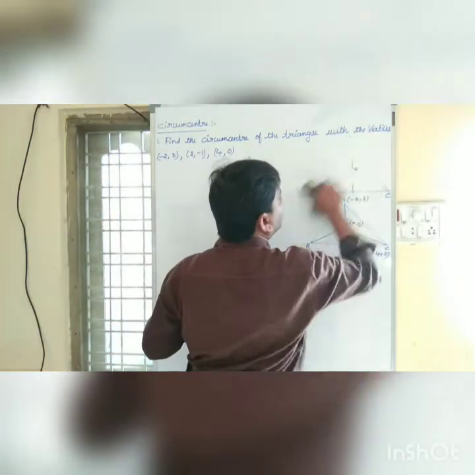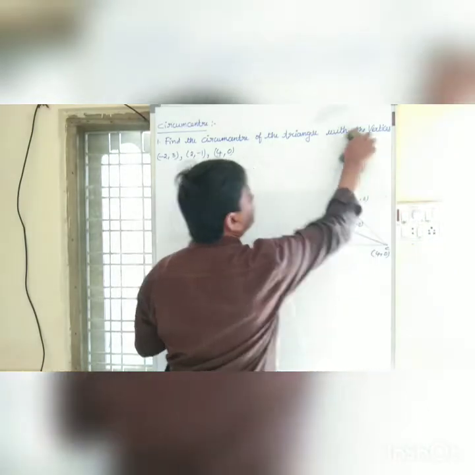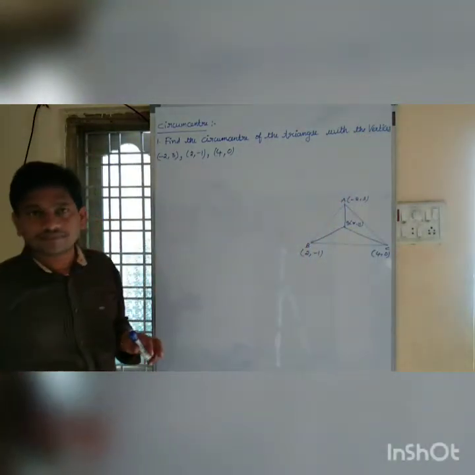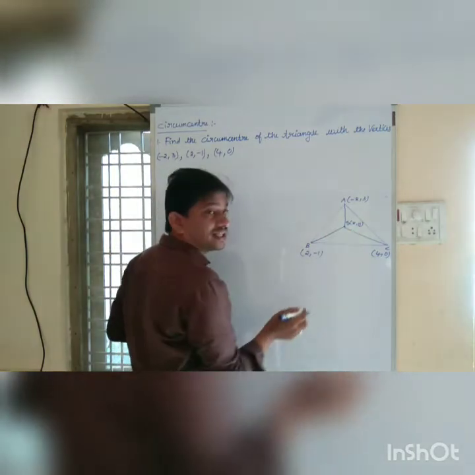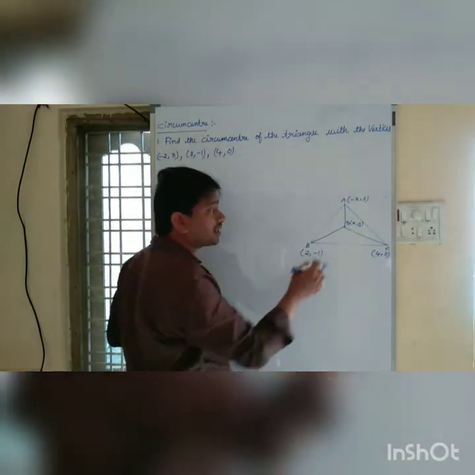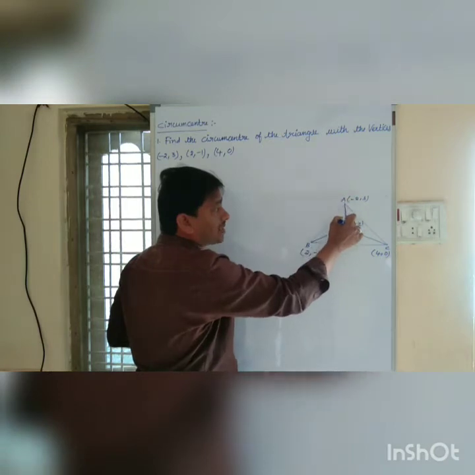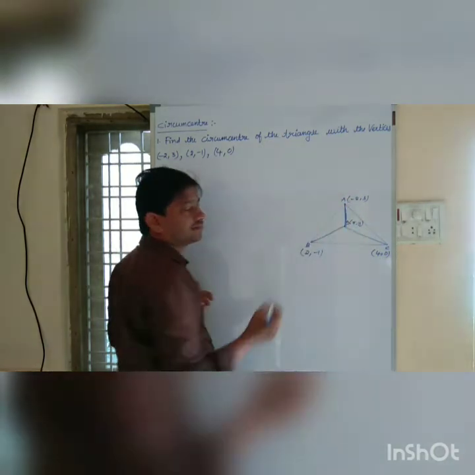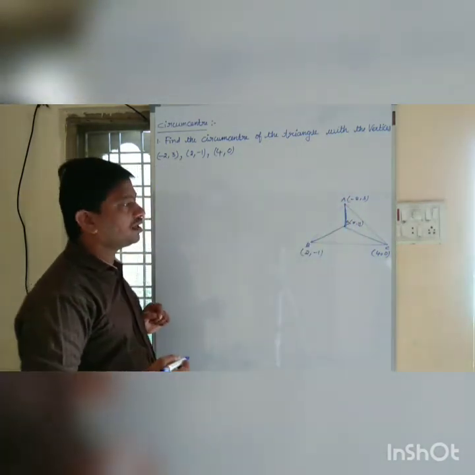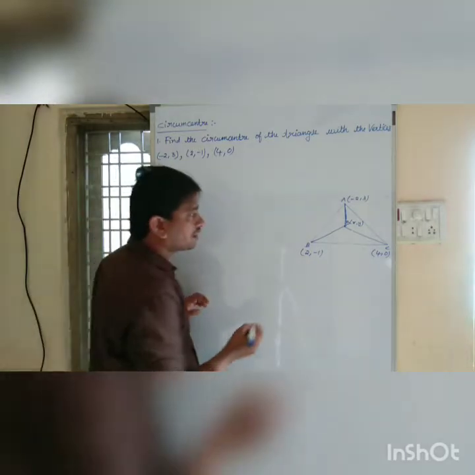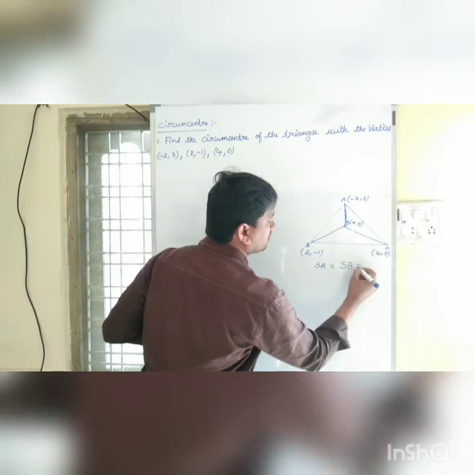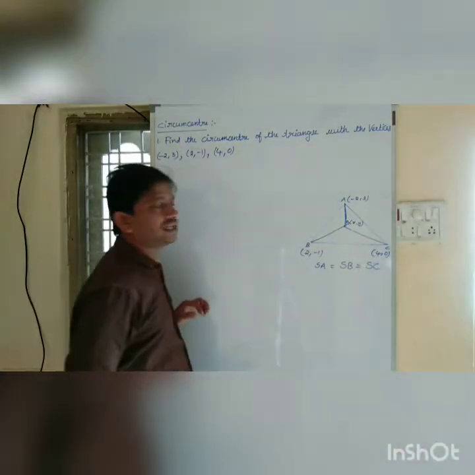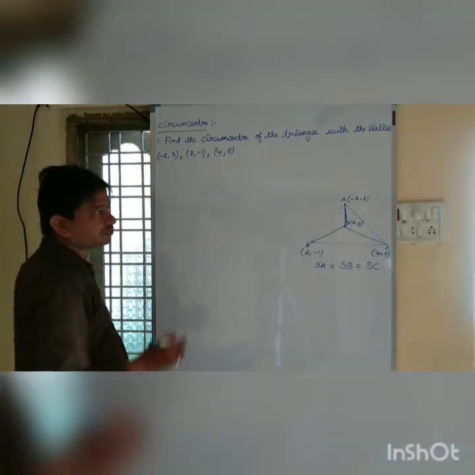Right? So, did you understand, children, what we mean by circumcenter? So actually, S is the point of concurrence of the angle bisectors. Right? Angle A, angle B, and angle C. Simply, here the distance between S and A, the distance between S and B, and the distance between S and C are the same.